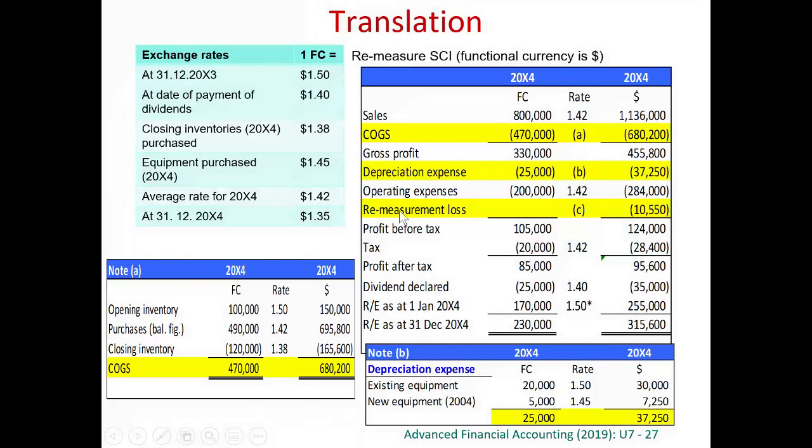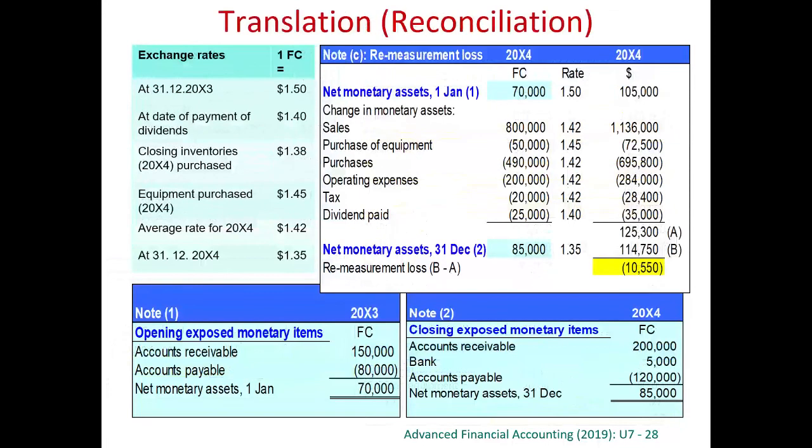So for operating expense, for taxation, and for dividends, monetary assets go down. For these, you have translated using 1.42 and 1.4 respectively. So operating expense, average rate, taxation, average rate, dividends, 1.4.